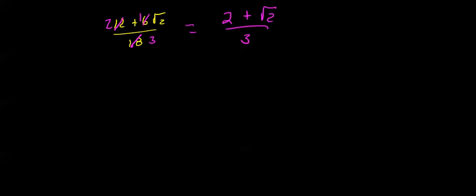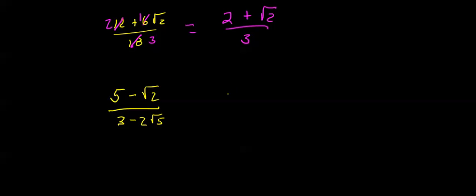Let's look at one more. I'm going to have 5 minus radical 2 over 3, let me pause this.